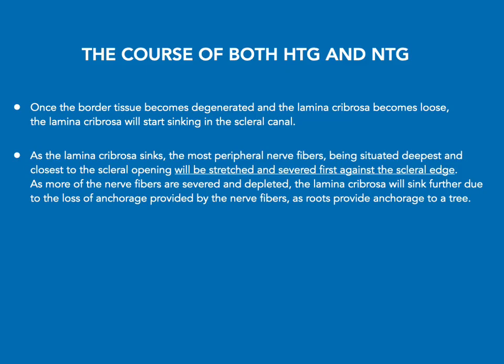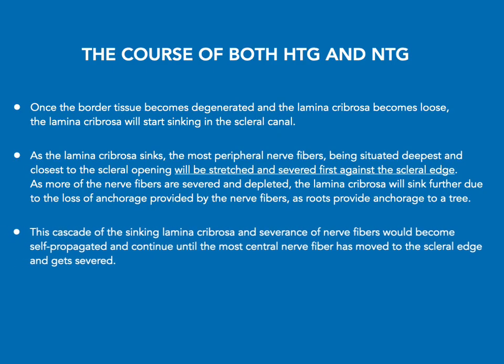As more of the nerve fibers are severed and depleted, the lamina cribrosa will sink further due to the loss of anchorage provided by the nerve fibers, as roots provide anchorage to a tree. This cascade of the sinking lamina cribrosa and severance of nerve fibers would become self-propagated and continue until the most central nerve fiber has moved to the scleral edge and gets severed.